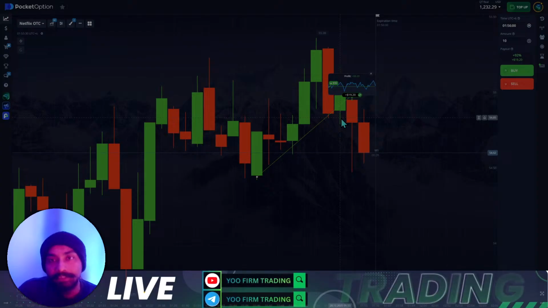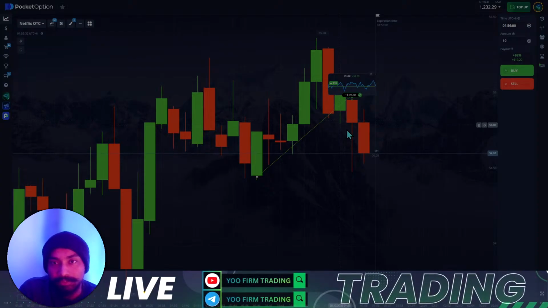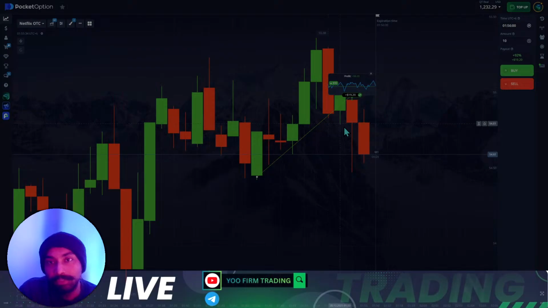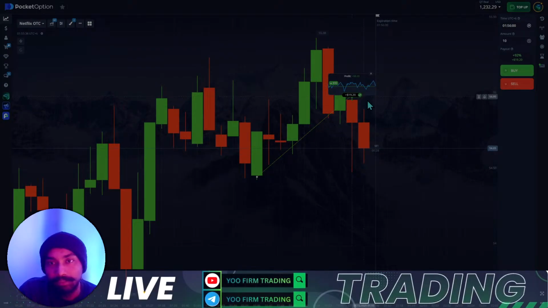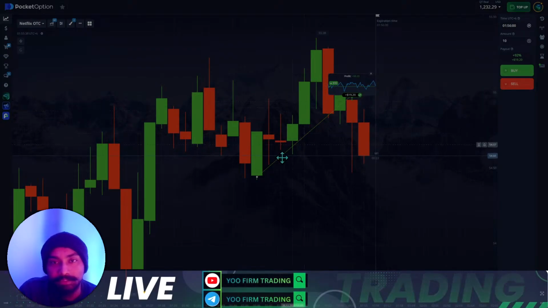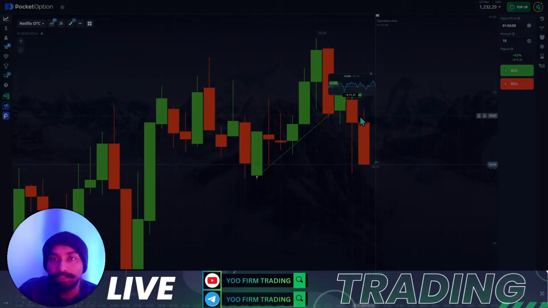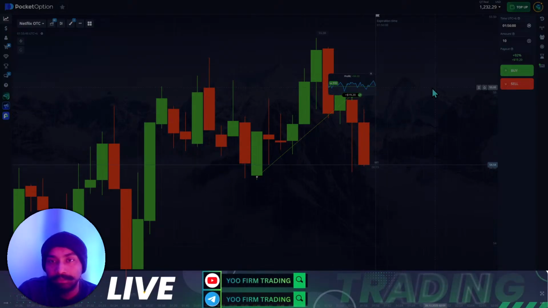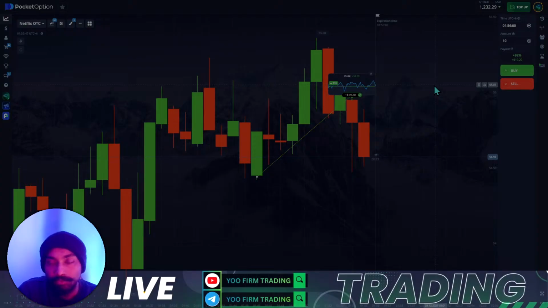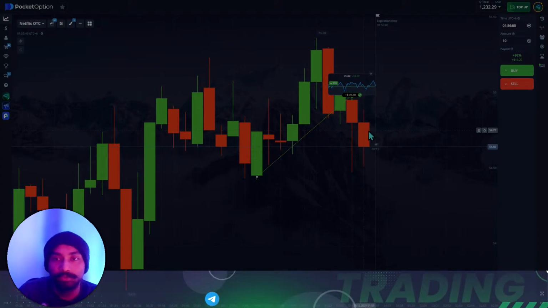So yep, this made a high actually. You see, this is making lower lows, right? And if this kind of lower low happens in this kind of uptrend, it suggests that it might also want to fail, right? But we need very good confirmation in order to go for up.